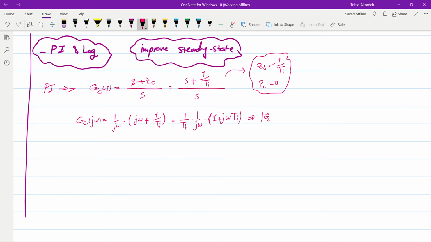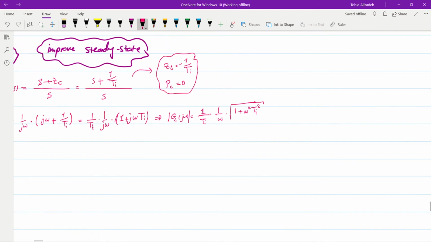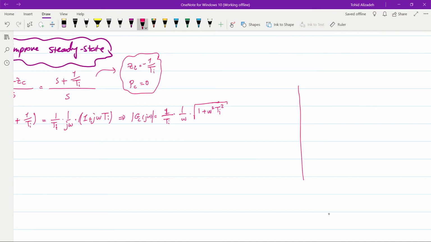Amplitude of Gc(j omega) will be equal to 1 over Ti times 1 over omega times the square root of 1 plus omega squared Ti squared. We can start to draw it. There are indeed 3 components.